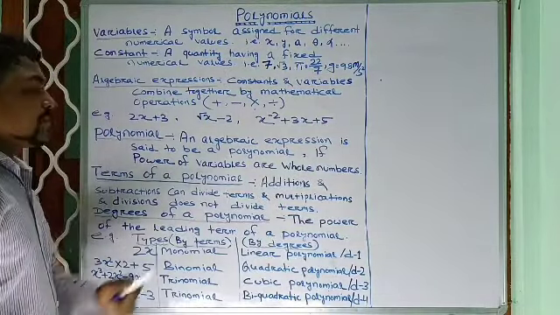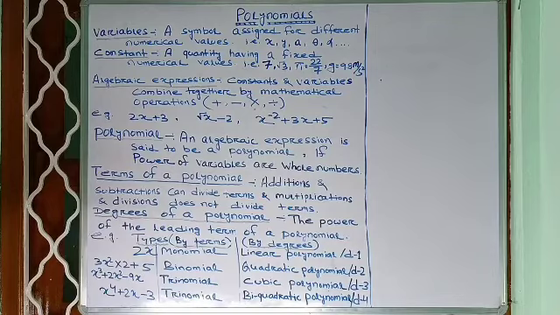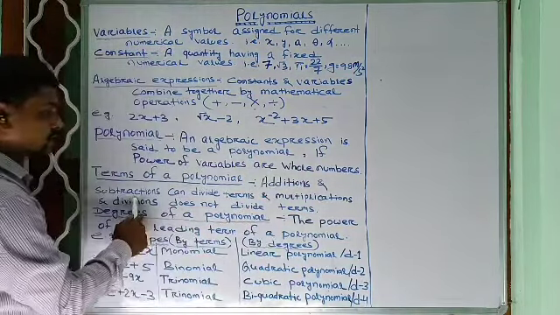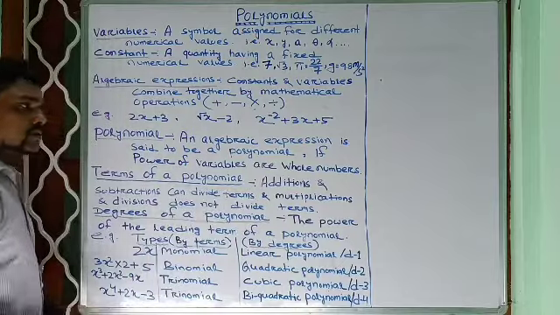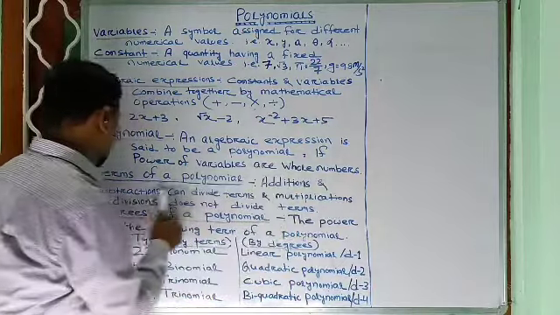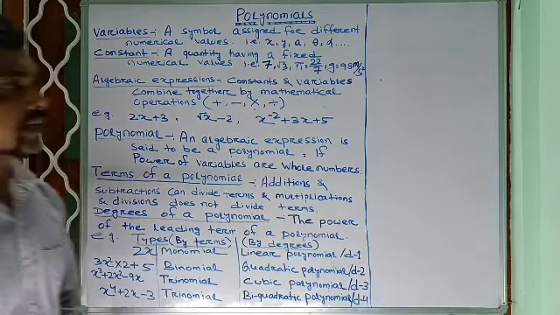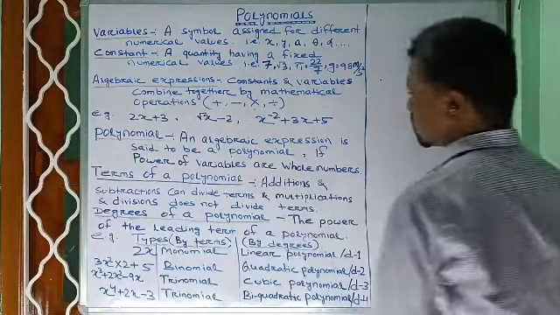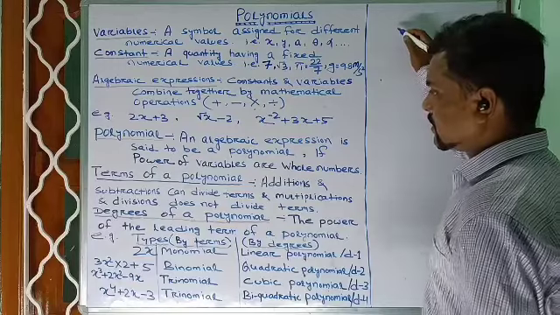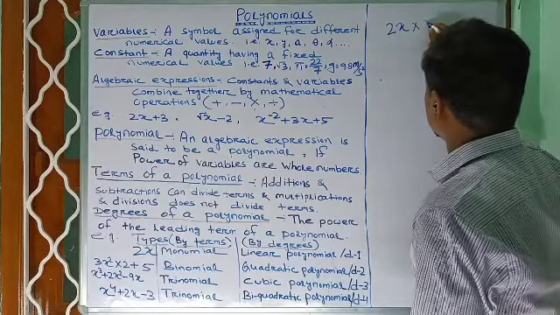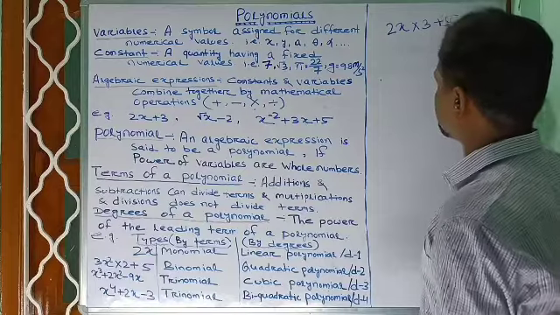What are the terms of a polynomial? Addition and subtraction can divide terms, and multiplication and division don't divide terms. Only addition and subtraction can divide terms. Suppose I write 2x into 3 plus 5.